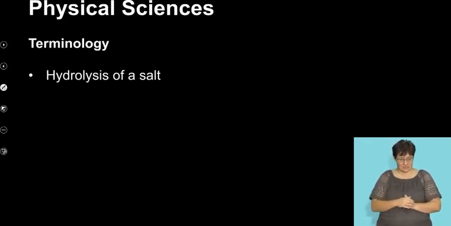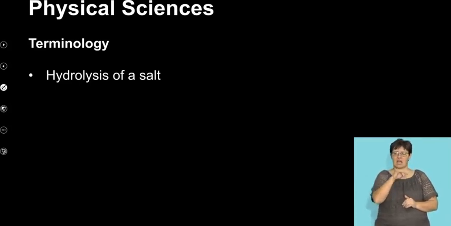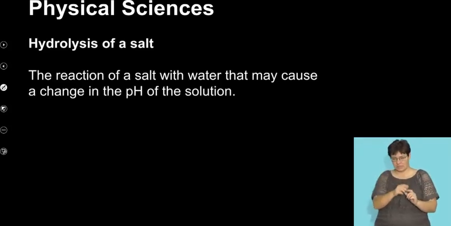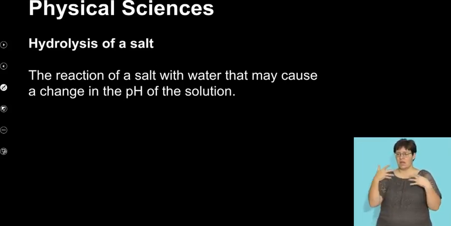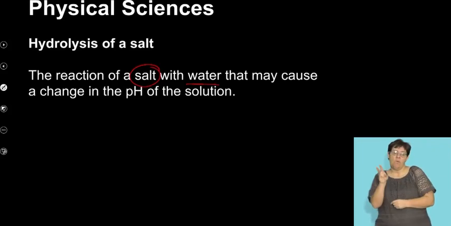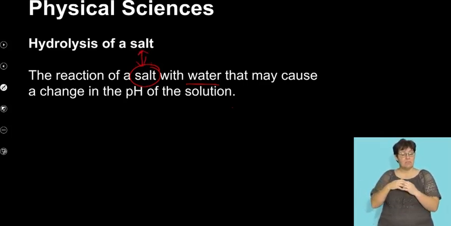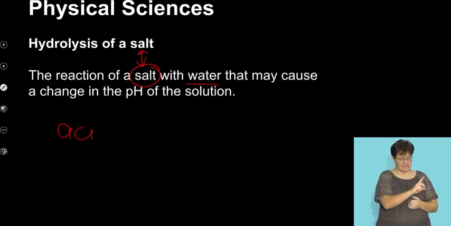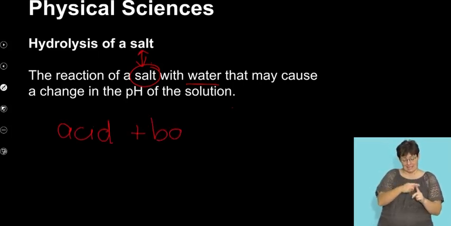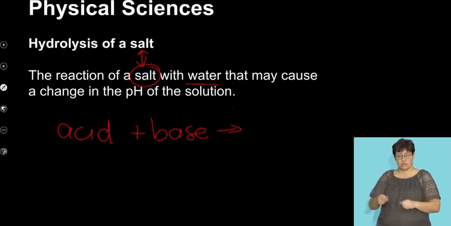Right, when we look at hydrolysis of a salt, we will use the terminology hydrolysis, and during my explanation, you will understand what hydrolysis means. So, hydrolysis is the reaction of a salt with water that may cause the change in pH of the solution. What you should remember is a salt is formed by having an acid reacted with a base in a neutralization reaction.